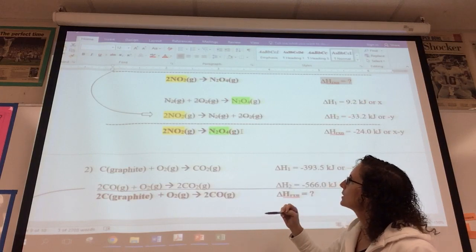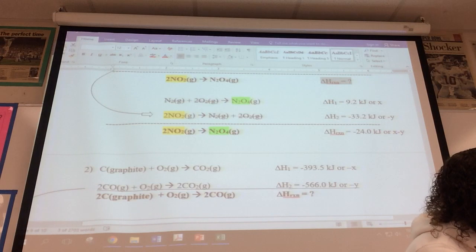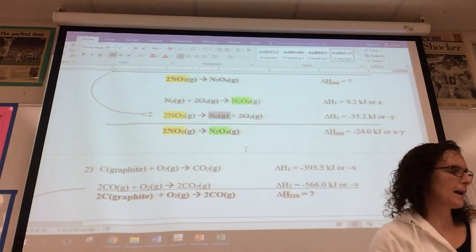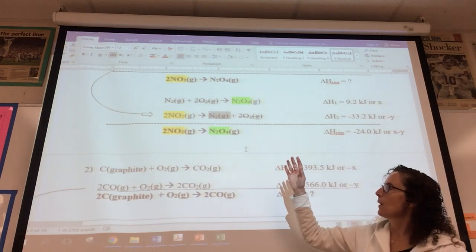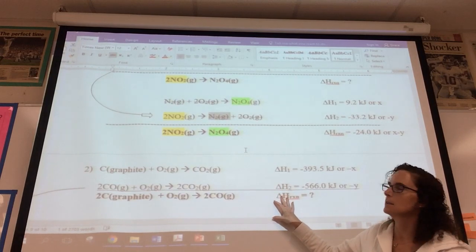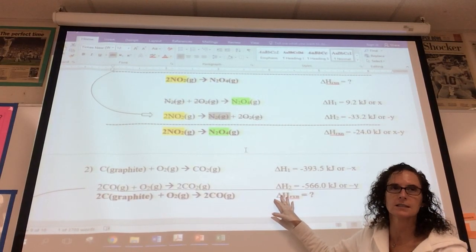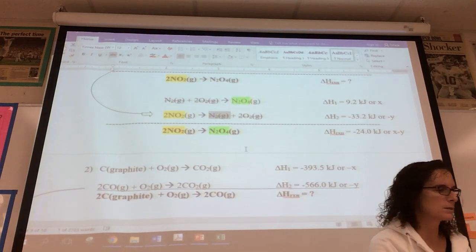I can sum those equations together now, and a couple points to raise here. The 2 moles of nitrogen dioxide drop down. I've got 1 mole of nitrogen gas on the left, 1 mole of nitrogen gas on the right. If you have the substance as a reactant in one equation, a product in the other equation, and the number of moles, that is the coefficient, is the same, it just cancels.